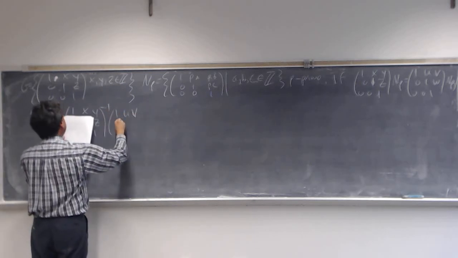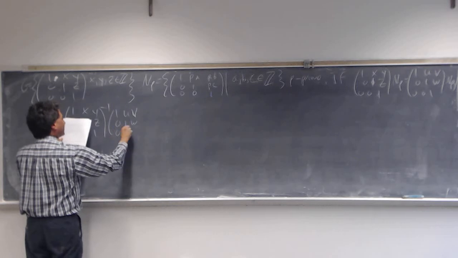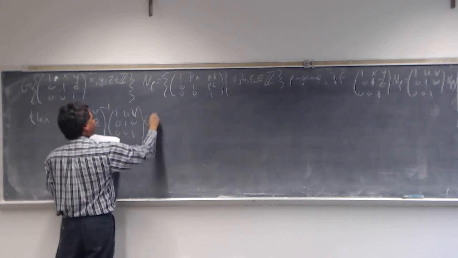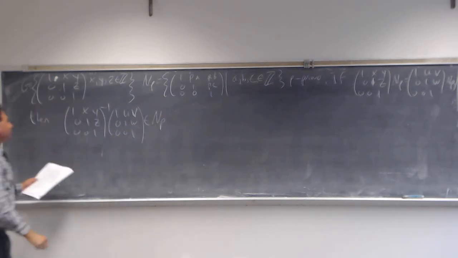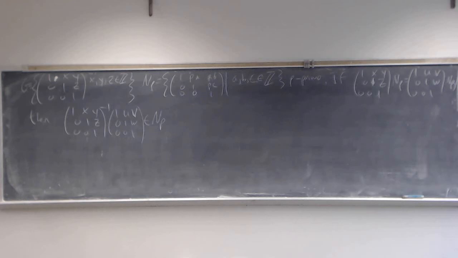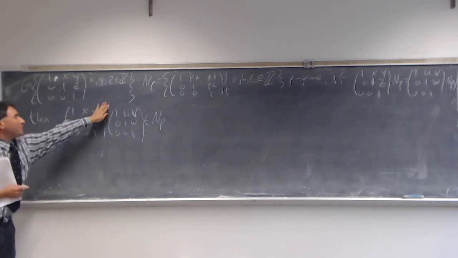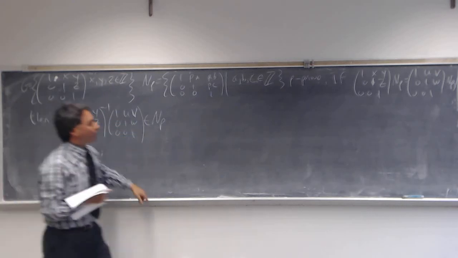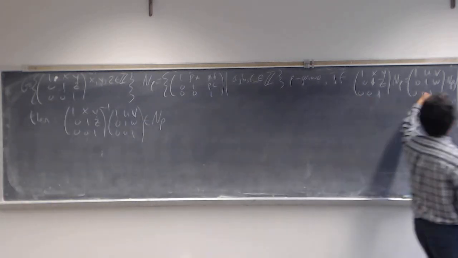The inverse of one representative times the other representative has to be in the subgroup you mod by. If that product is in N of P, then the coset determined by this element would equal the coset determined by the other element.